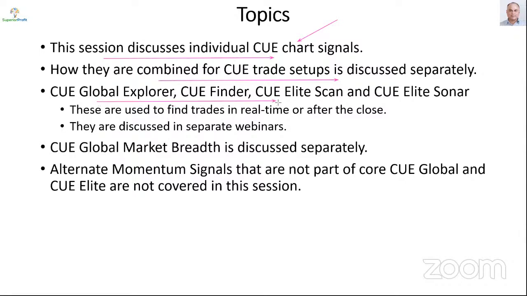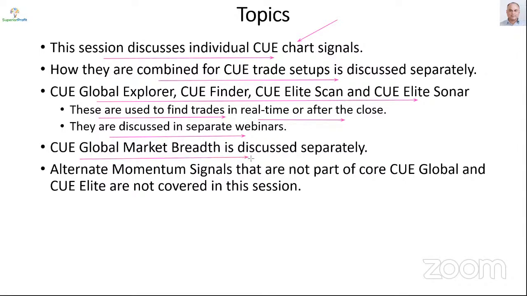Also, Q Global Explorer, Q Finder, that is part of Q Global, Q Elite Scans, and Q Elite Sonar. They are all used to find trades in real time or after the close, up to you. They are also not discussed in this webinar. They are discussed separately.